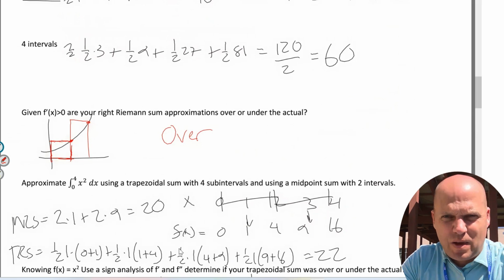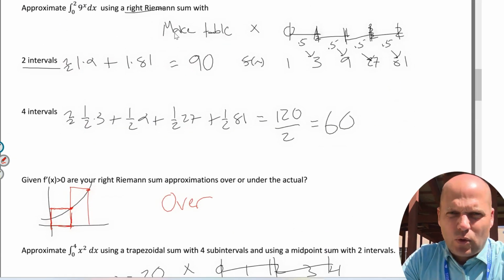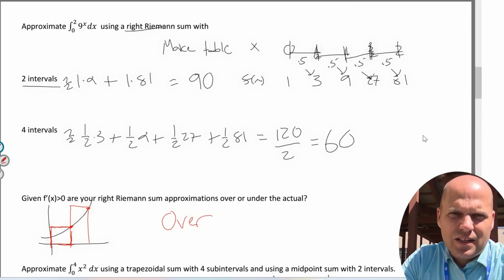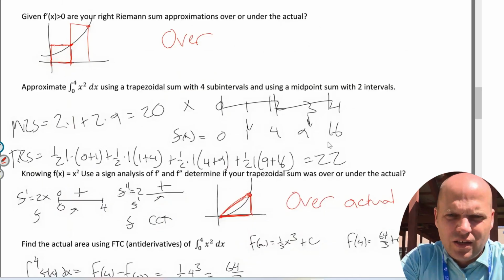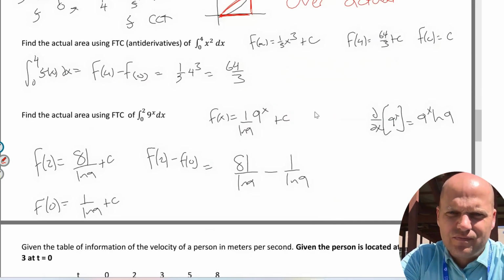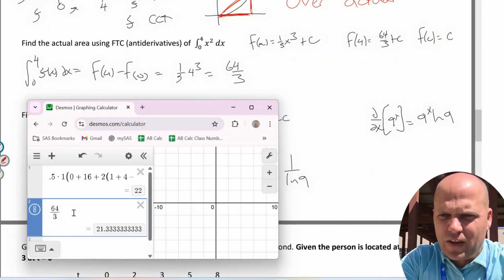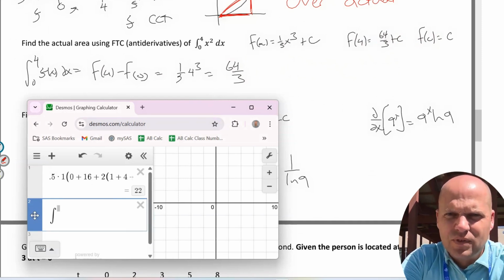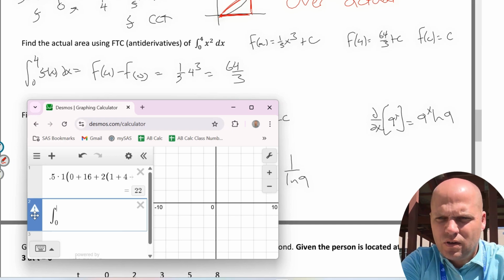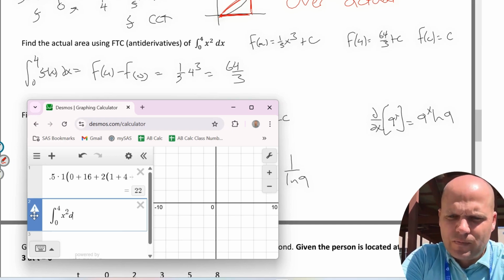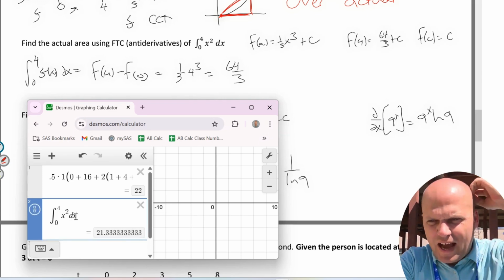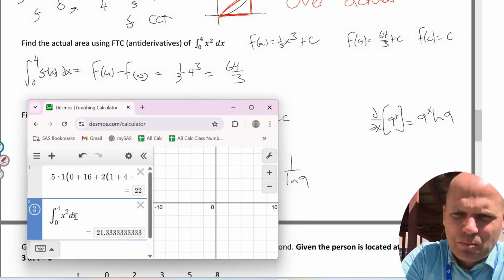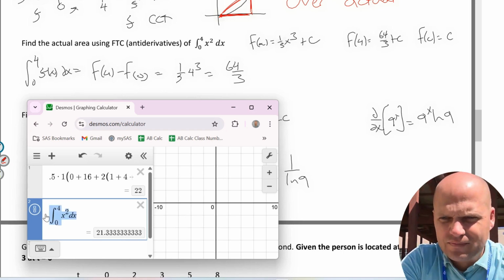I found approximations where it's an increasing function. So I know that this 60 is over. Let's see what the actual is. We also should have double checked by doing the integral from 0 to 4 of x squared, just to see. Your calculator gets this differently from how we got it.